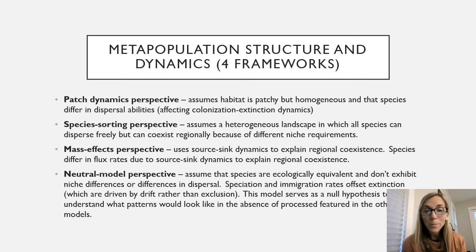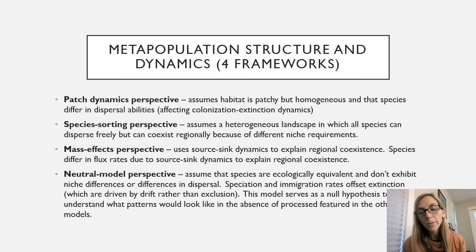A species sorting perspective might assume a heterogeneous landscape in which all species can disperse freely but can coexist regionally because of different niche requirements. And then the mass effects perspective uses source-sink dynamics to explain regional coexistence. Species differ in flux rates due to source-sink dynamics.